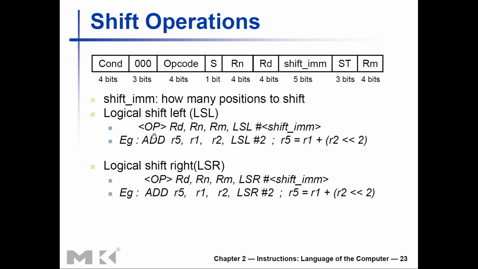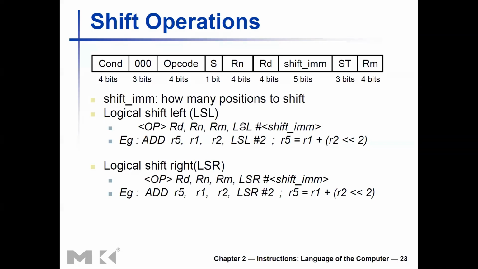So here is an example of an add instruction which performs a logical shift left as well. The opcode you have to put here, and RD is here, RN is here.